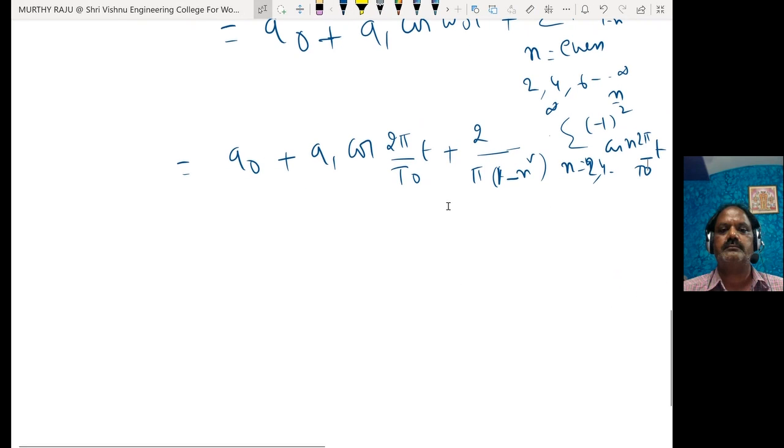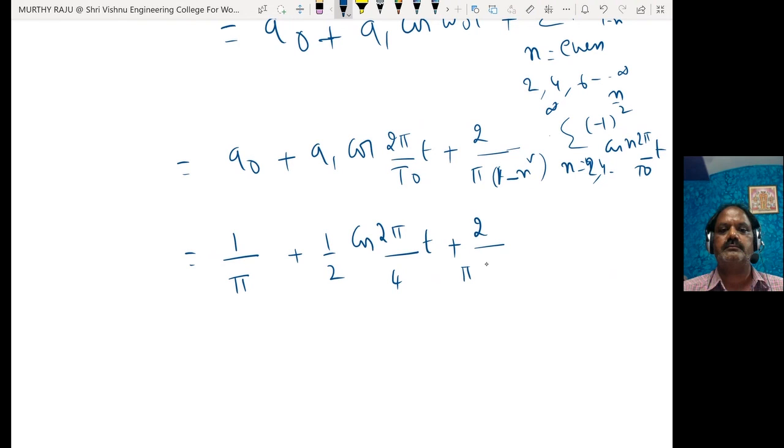T naught is 4. A naught is already derived, a naught is 1 by pi. A1 is 1 by 2, cos 2 pi by 4 into t. It's 2 by pi into 1 minus n square, n is equal to 2, 4, and so on to infinity, cos n 2 pi by 4 into t.